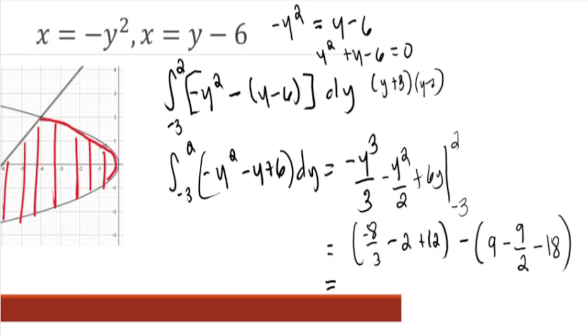Solve and simplify. So we have negative 10 here. 10 minus 8 thirds, so 22 over 3. Minus, we have negative 9 minus 9 halves. So minus 27 over 2.